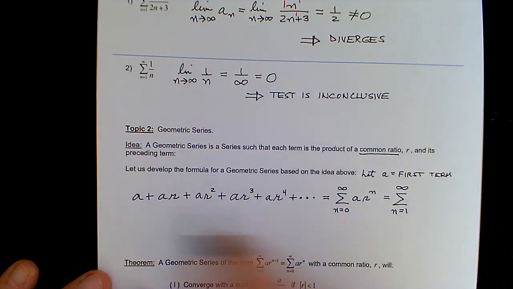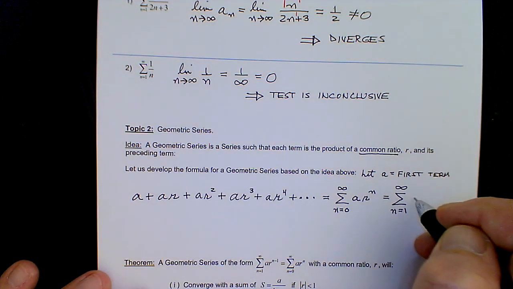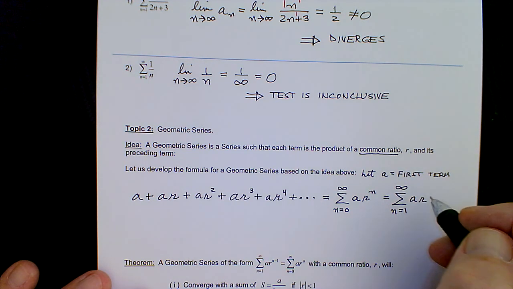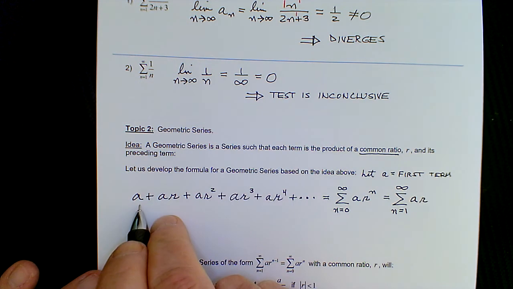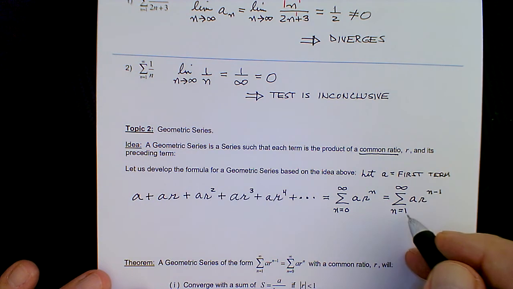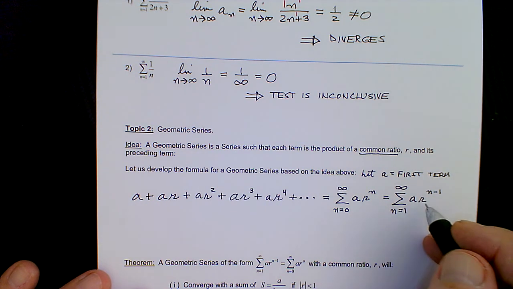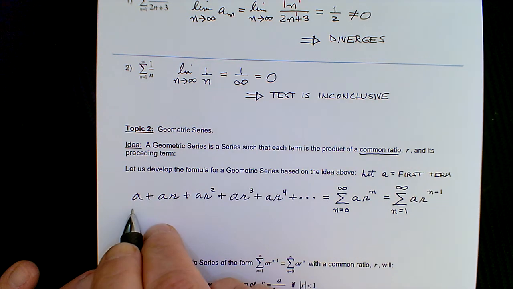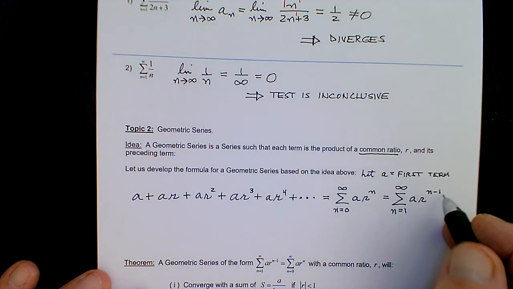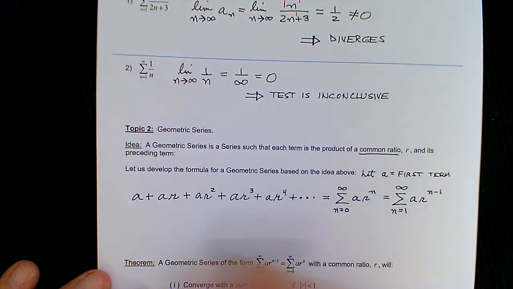It would have to be, in order for r not to be in the first term, when n is 1, the power on r would have to be n minus 1. Because then, when n is 1, this would be r to the 0, which is 1 times a, gives you first term a. When n is 2, ar to the 2 minus 1 is 1, so that's ar. When n is 3, we'd have ar to the 3 minus 1, or ar squared, and so on.